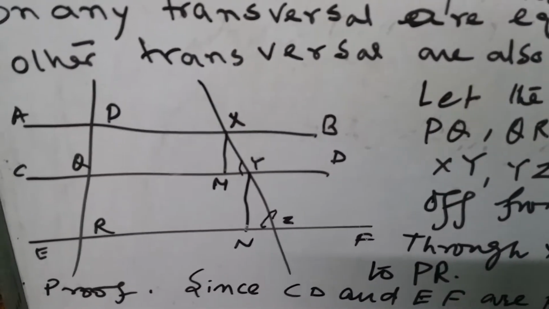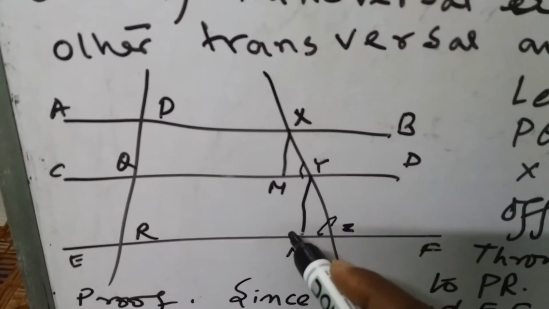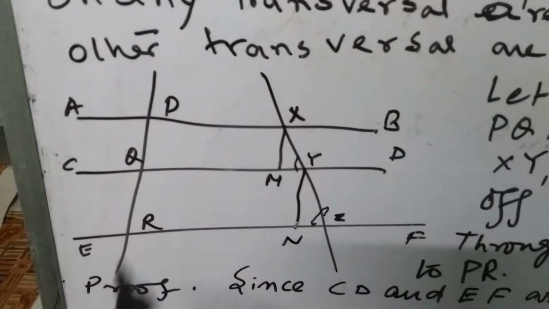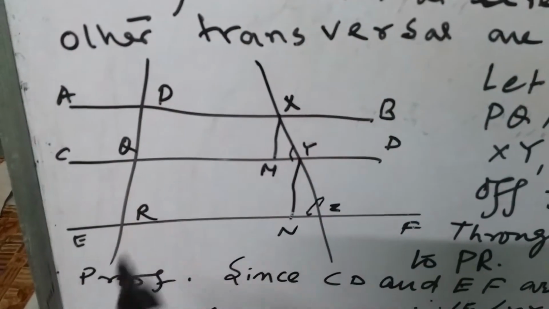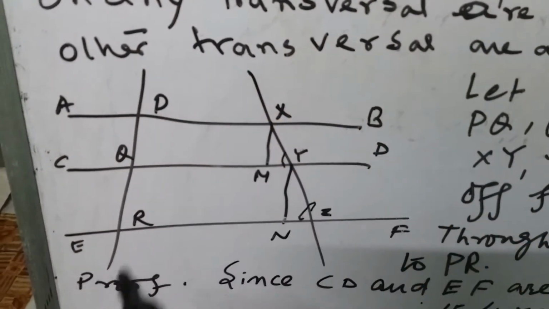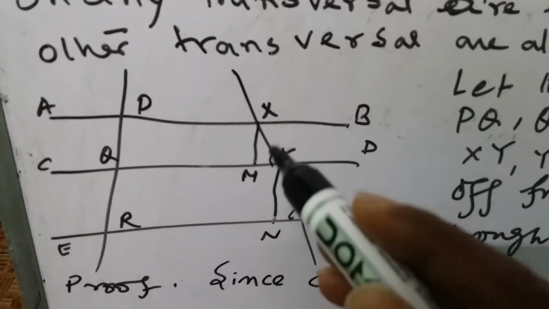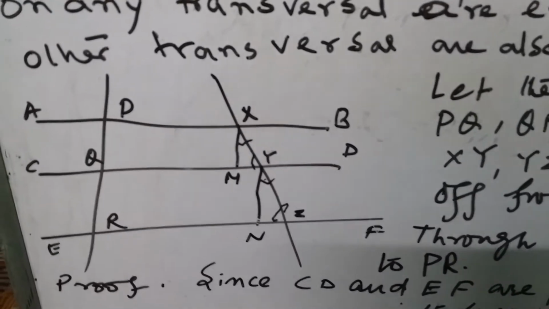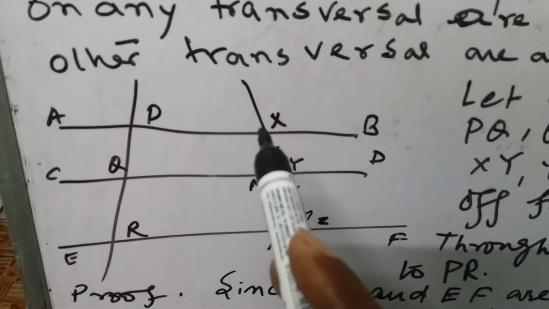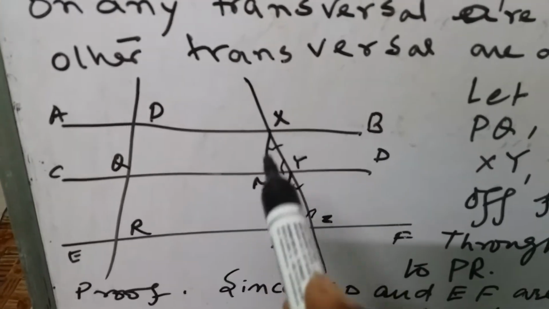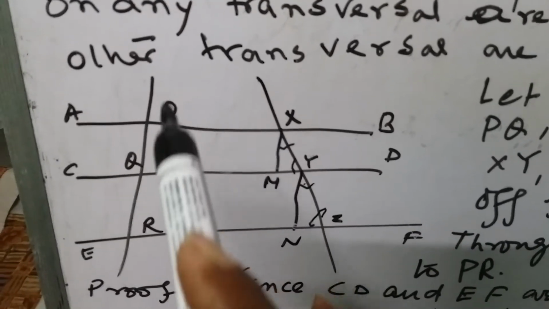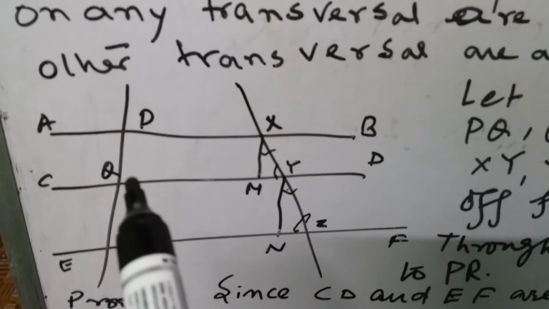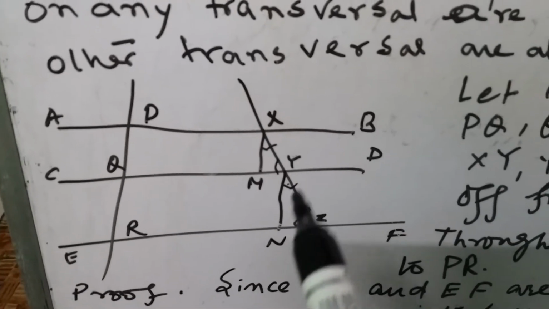Since XM is parallel to PR and YN is parallel to PR, these are parallel, hence these corresponding angles are the same. Again, this is parallel to this and this is parallel to this, so this is a parallelogram, and this is also a parallelogram, and that's why PQ equals XM and QR equals YN.